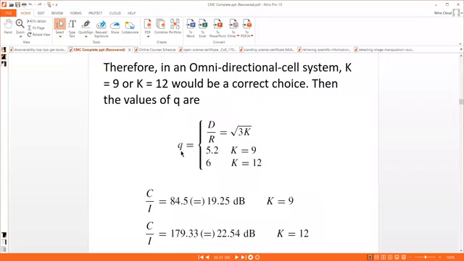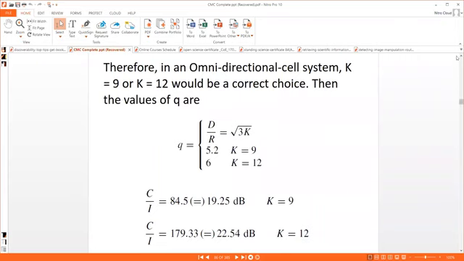Then let us look at these values of Q, how they will be. They will be like this: 5.2 for k equals 9, 6 for k equals 12. Then let us use this formula for k equals 9 and k equals 12. This ratio C by I equals 19.25 decibels and C by I equals 22.54 decibels.